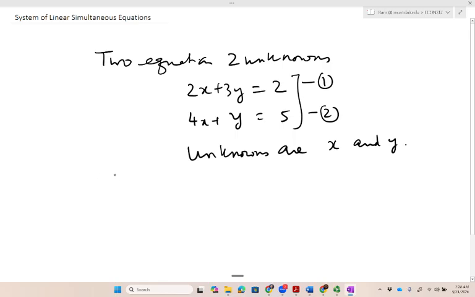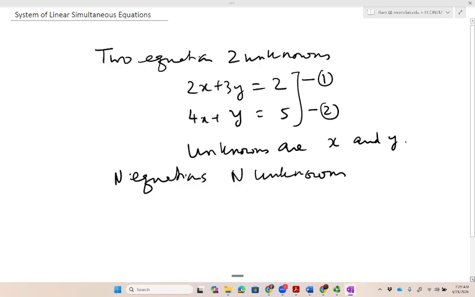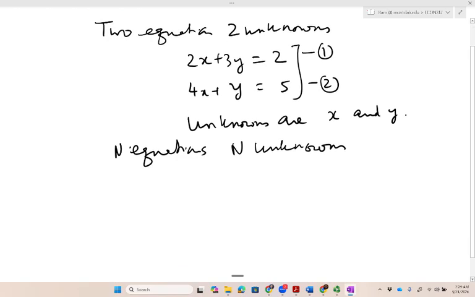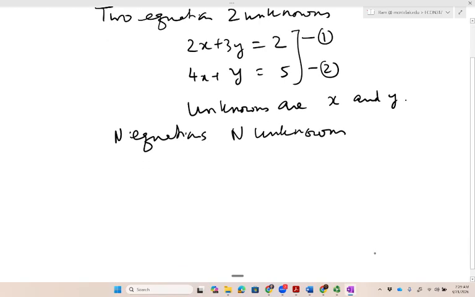I could write a general case: n equations and n unknowns. So in this situation, instead of writing x and y as the unknowns, maybe I will use a more general notation.